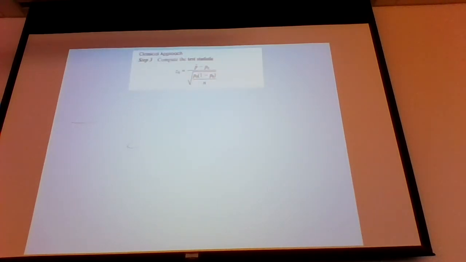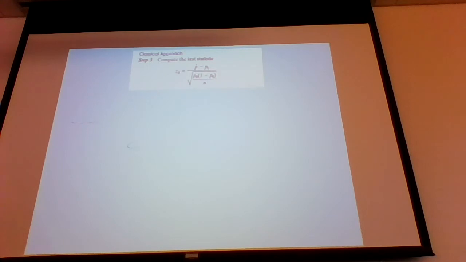Now you might wonder, how do we get the comparisons? In other words, how do we create the z-values that we're looking at? One thing you need to do is compute what is called a test statistic. And this comes from your sample. So notice what it has. It has p-hat. Remember p-hat? p0 is the null hypothesis value, and n is the sample size.